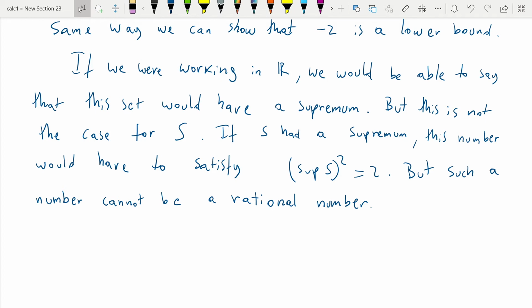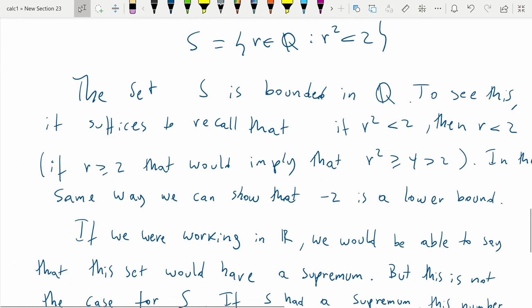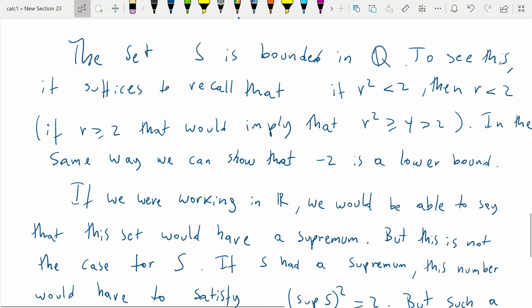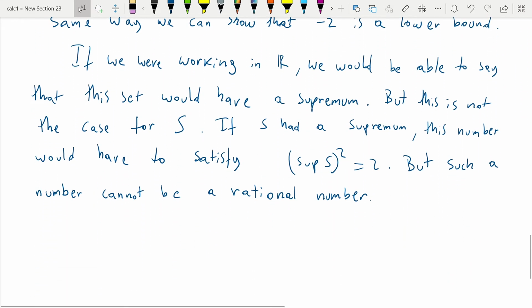In fact, let me correct something I said. You can certainly do that by adding real numbers such that r squared is less than 2. But as it is, since there are numbers in Q, S is still a subset of the real numbers, and it's still bounded.